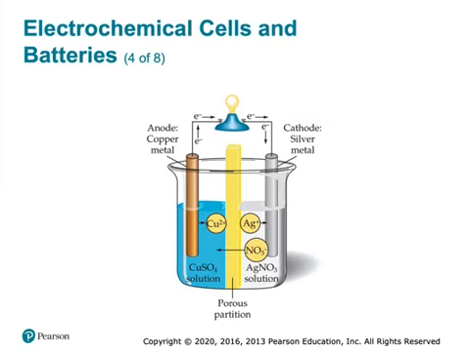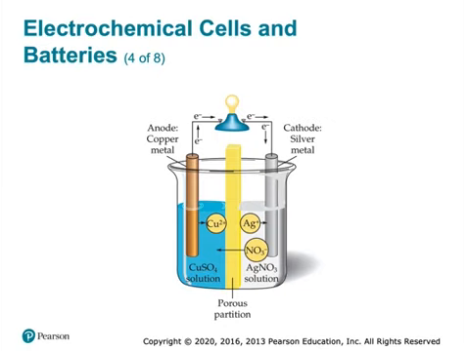One more important thing for this battery: you need a salt bridge. You need a way for the ions to flow. If you don't have a salt bridge, which is the porous partition there, the negative charges would flow towards the silver and the positive charges would gain on the copper.